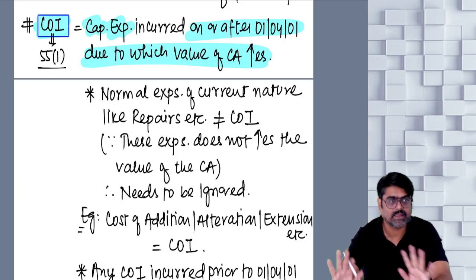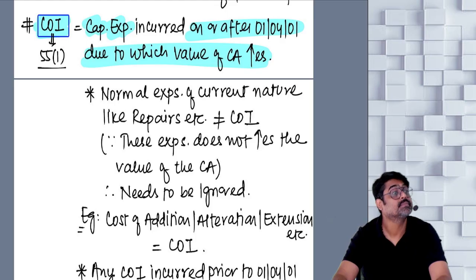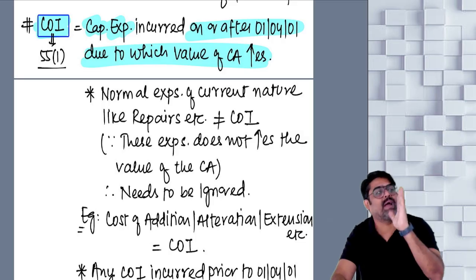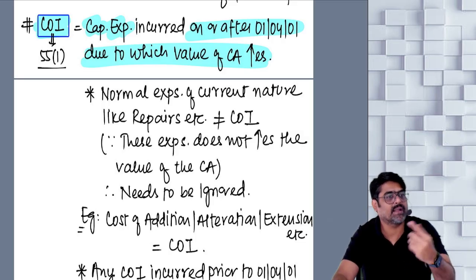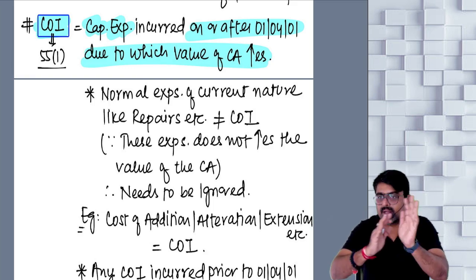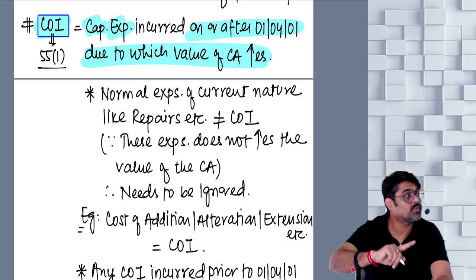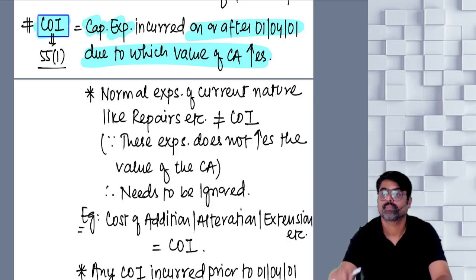But first of all, understand one thing. Do you have a capital asset? Yes or no? On that capital asset, are you incurring any capital expenditure? Yes. And that capital expenditure increases the value of your capital asset. Then the capital expenditure will be known as cost of improvement. You are going to get deduction of that only if you incur it on or after 1st April 2001.